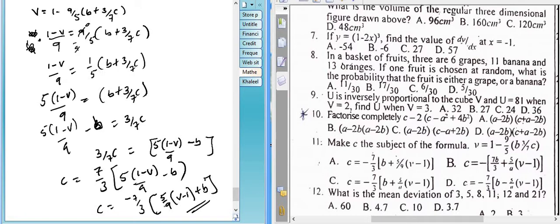So this is the correct expression. So c is given as this. So looking at the correct option, the option is option C. That's the correct answer. So the answer is option C.